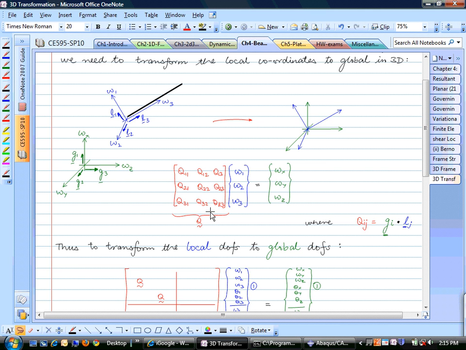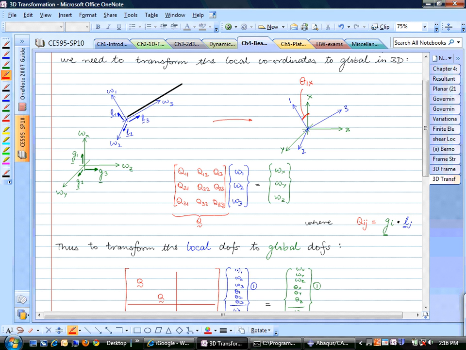So for example, let's say this is 1, 2, 3, and then we have, let's say, X, Y, and Z. So the angle between 1 and X, let's say that angle is theta 1x.